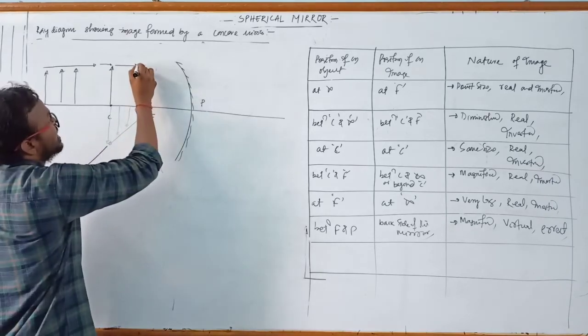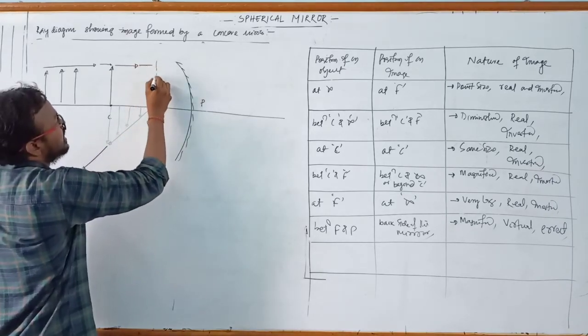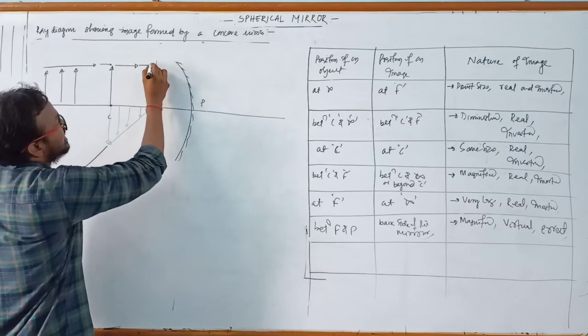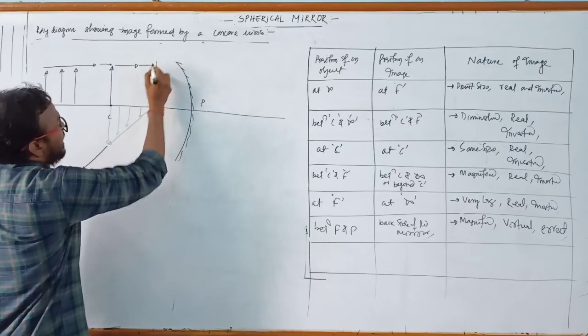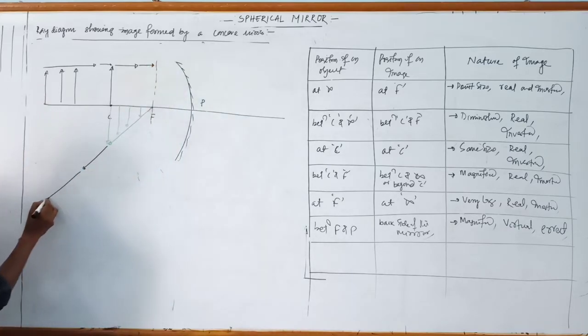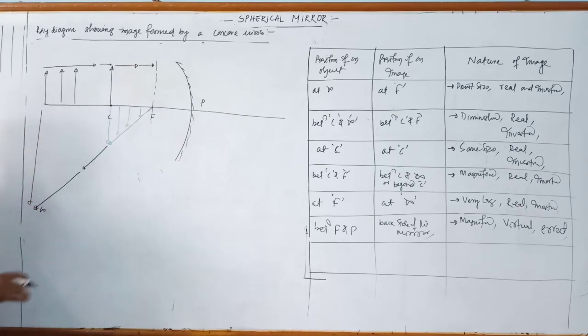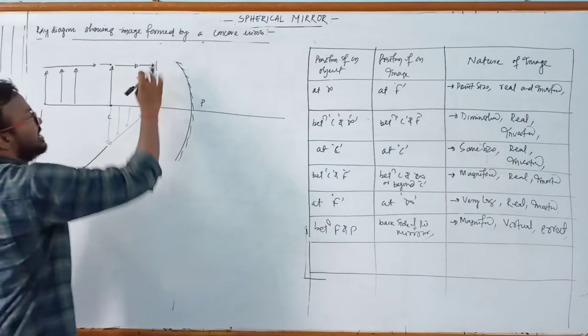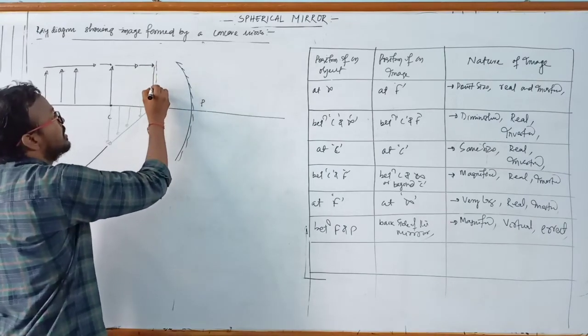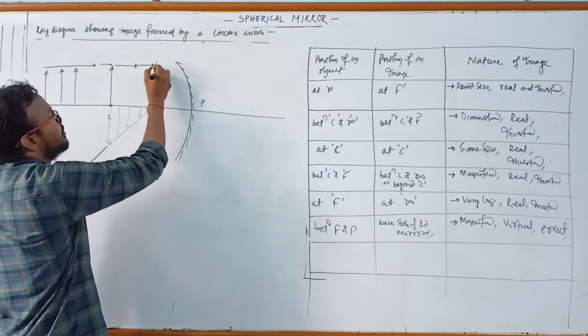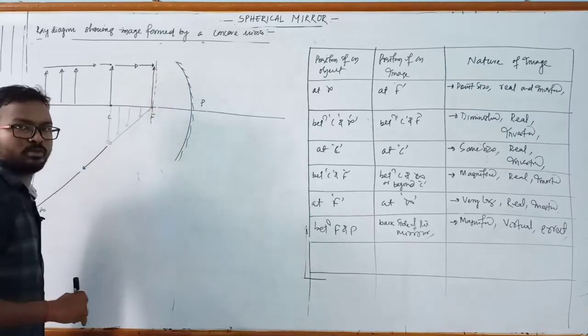When the object reaches near this point, not at point F, the image is at a very large distance, and we get a large image as compared to the object, when the object is just nearer to the focus point but beyond it.